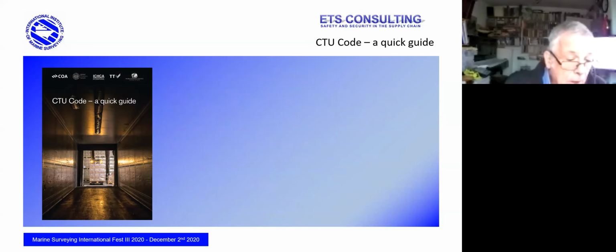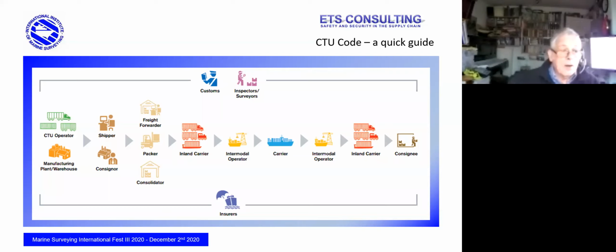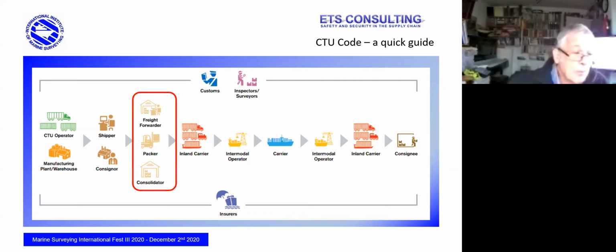And within the CTU Code, they use this diagram, which I produced for them, and it shows the various stages of the transport chain from the CTU operator and the manufacturer all the way through to the consignee. And the CTU Code is aimed at the packers, the freight forwarders and the consolidators, to make sure that they do their job properly, so that the other functions in the transport chain can do theirs.